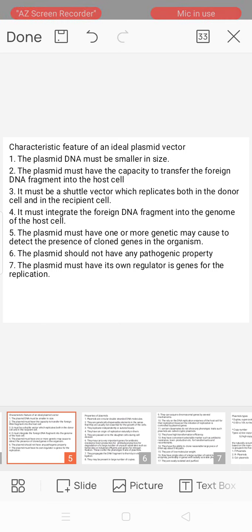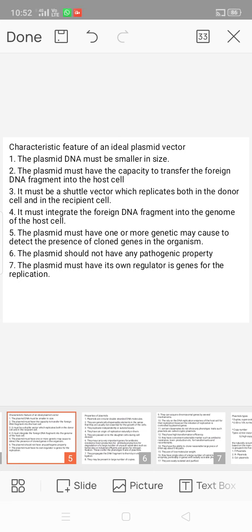A plasmid vector must have the following characteristic features for successful gene cloning. The plasmid DNA must be smaller in size, and the plasmid must have the capacity to transfer the foreign DNA fragment into the host cell. It must be a shuttle vector which replicates both in the donor cell and in the recipient cell.